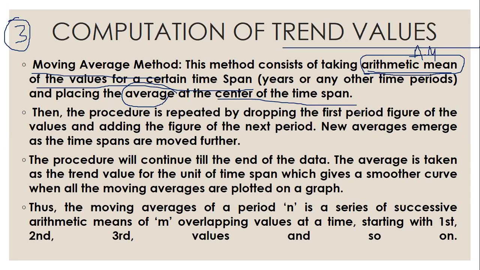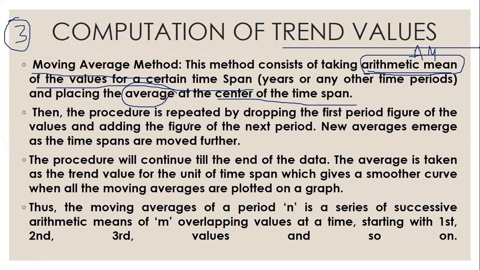Now we will understand this using the problem later. So please understand, under the moving average method, which is the first method, we are going to calculate the arithmetic mean for a certain period of time, and that arithmetic mean will be placed in the center of the data that is given to us. Now let us see how we calculate.